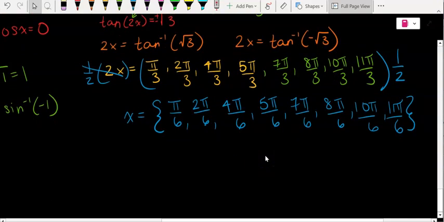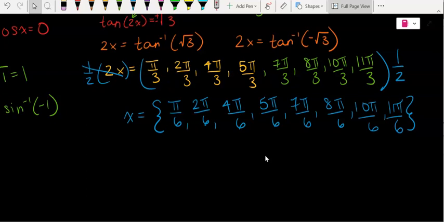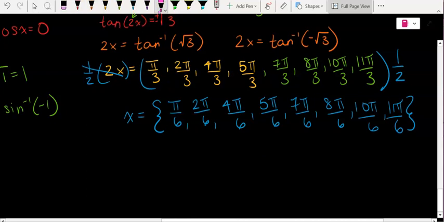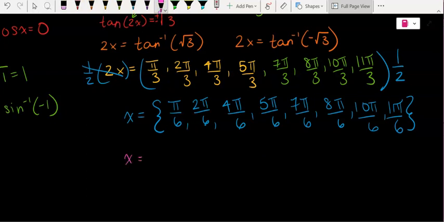And I'm going to go ahead and double check, make sure none of those are outside of my domain restrictions of 0 to 2 pi. And sure enough, pi over 6 to 11 pi over 6 are all less than 2 pi. However, I have a few things I need to do. I need to reduce any and all fractions that I can. Always.